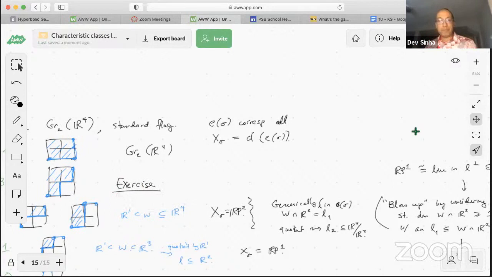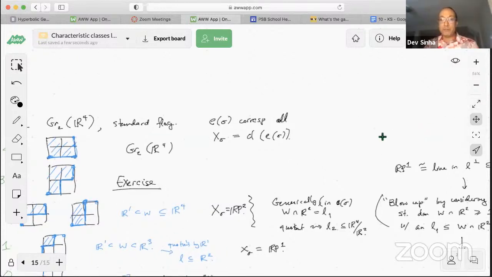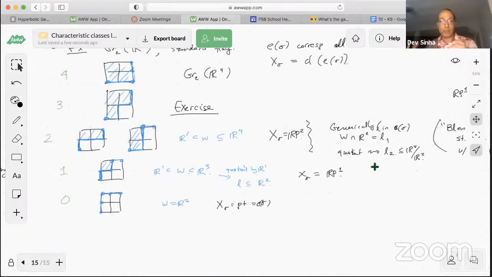This shouldn't be a difficult exercise in light of what just happened. Another exercise is to repeat this whole thing for, say, GR2, R5. If you do that, you'll really understand not just the cell structure, but the geometry of the closures is a beautiful story itself.